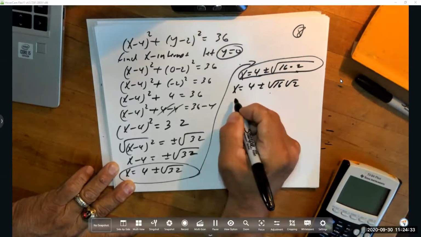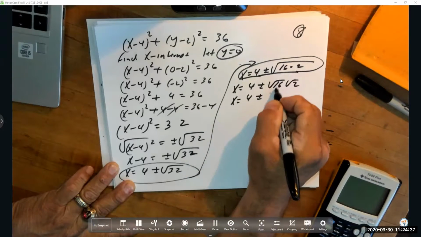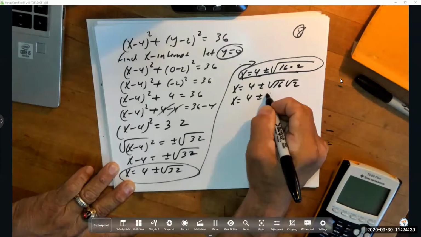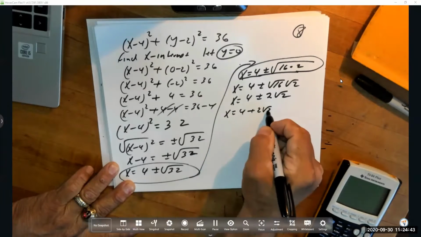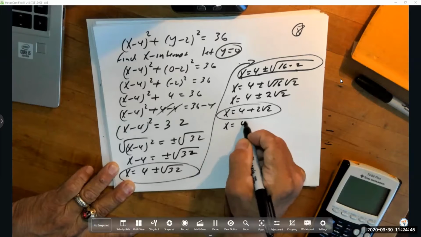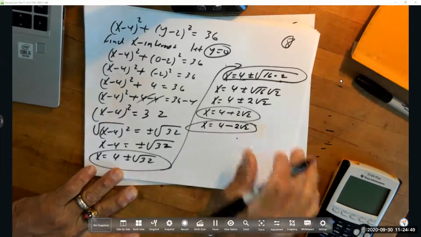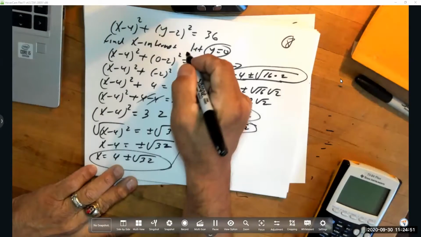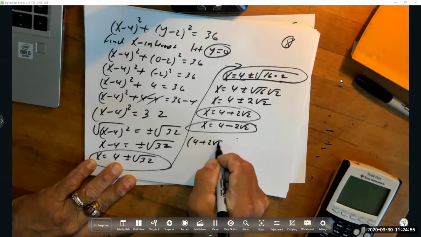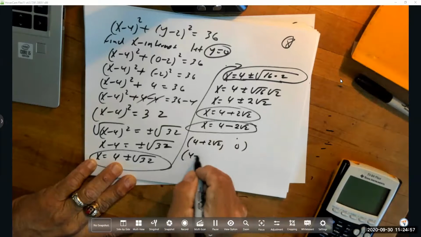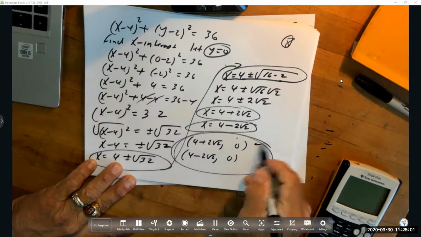The square root of 16 is 4, so it's 4 plus or minus 4 square root of 2.